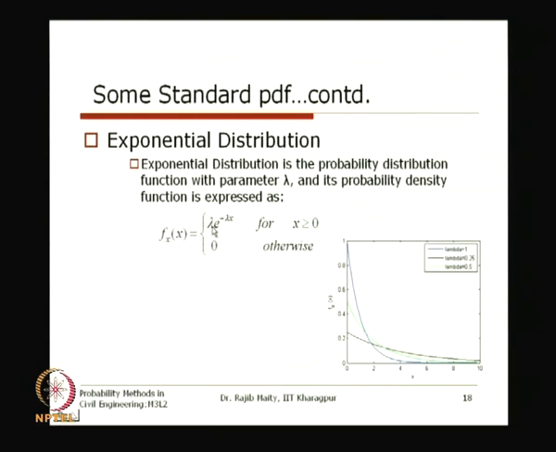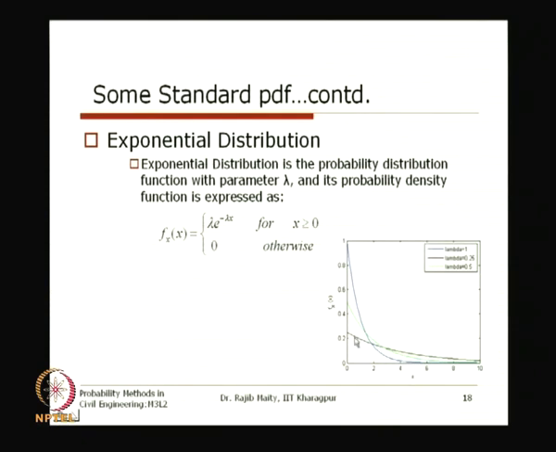This lambda is known as the parameter of this distribution. So this is basically defined for the positive x axis.